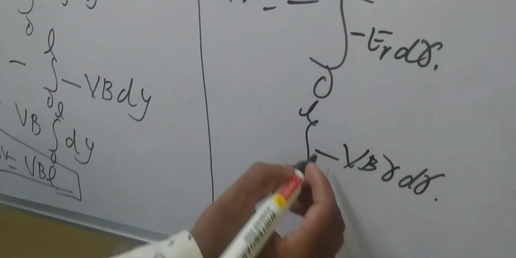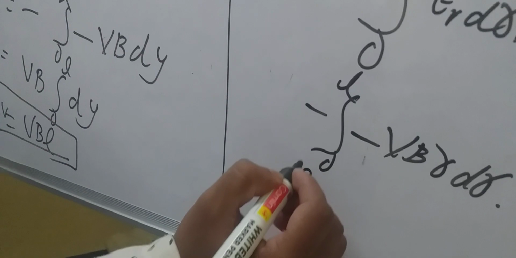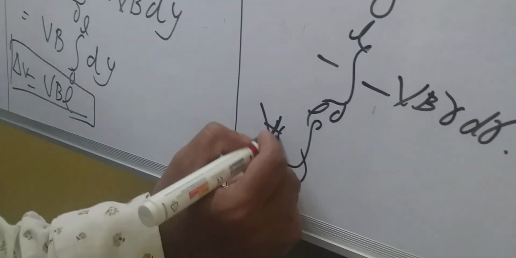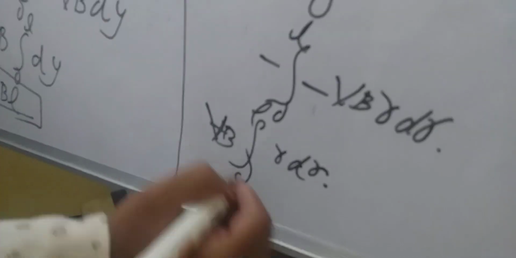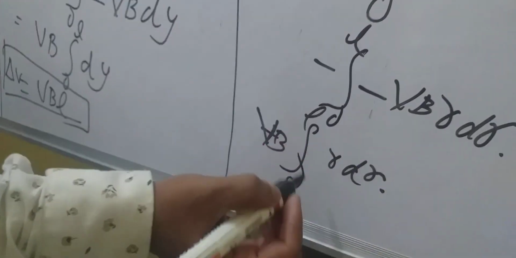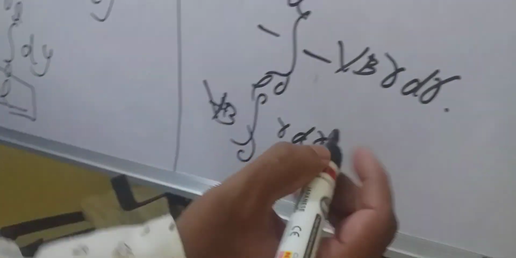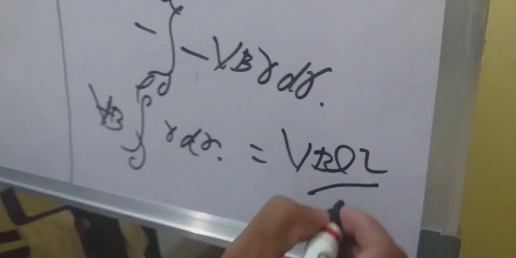VB can be taken out, so we integrate B v dr. The final answer, r dr gives r squared by 2. Applying upper limit minus lower limit, the final answer is B V L squared divided by 2.